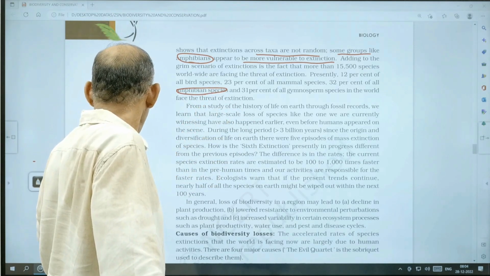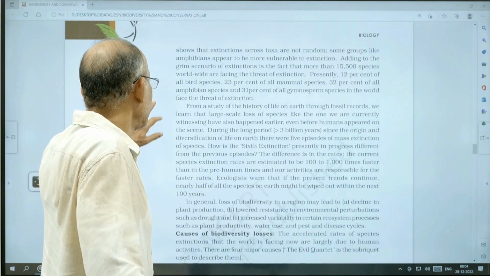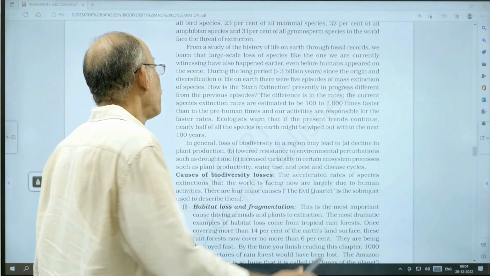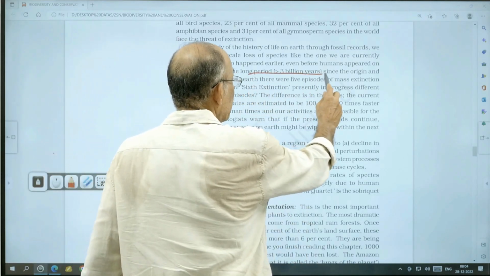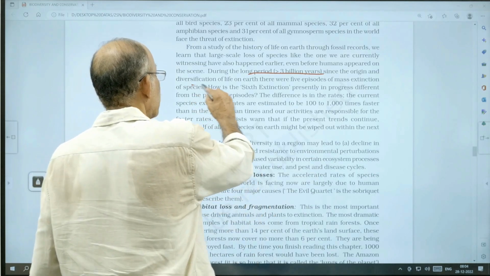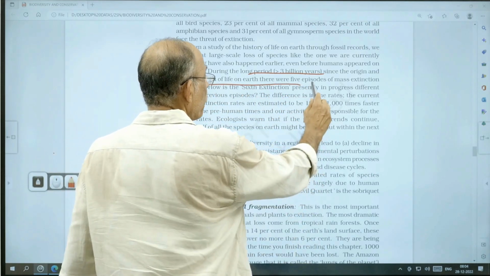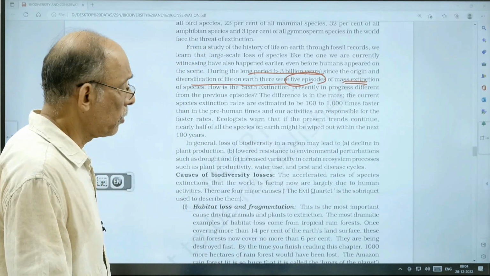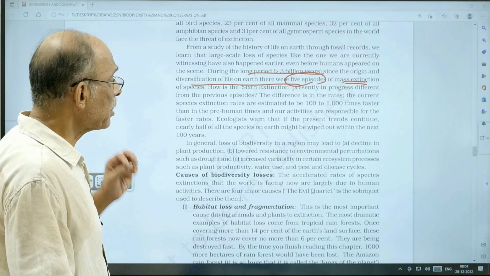And when we come to extinction, before the evolution of man, during the last 3 billion years, since the origin and diversification of Earth, 5 episodes of mass extinction have taken place. But the 6th one is going on now.